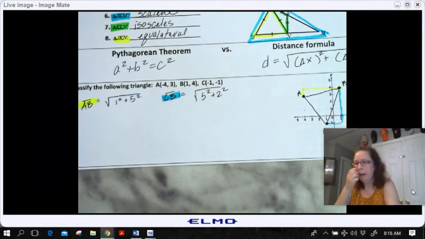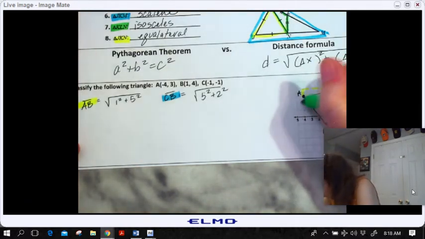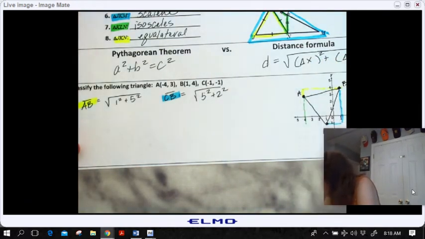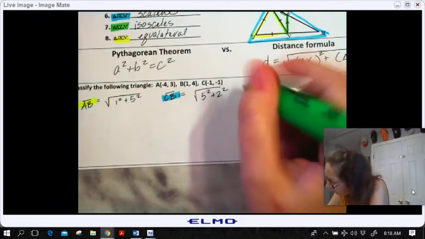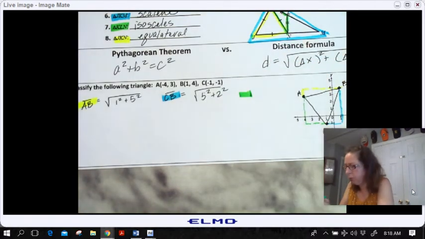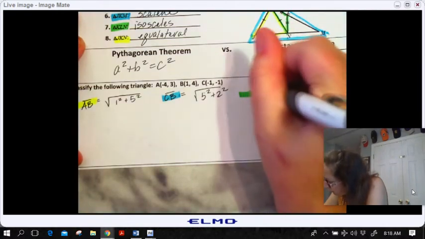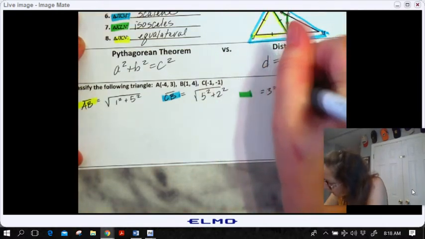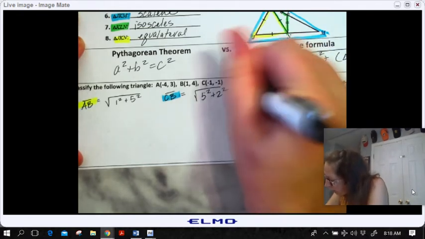Okay. And then finally, the last side. 1, 2, 3, 4. 1, 2, 3. Okay. So 3 squared plus 4 squared and square root, and that is AC.